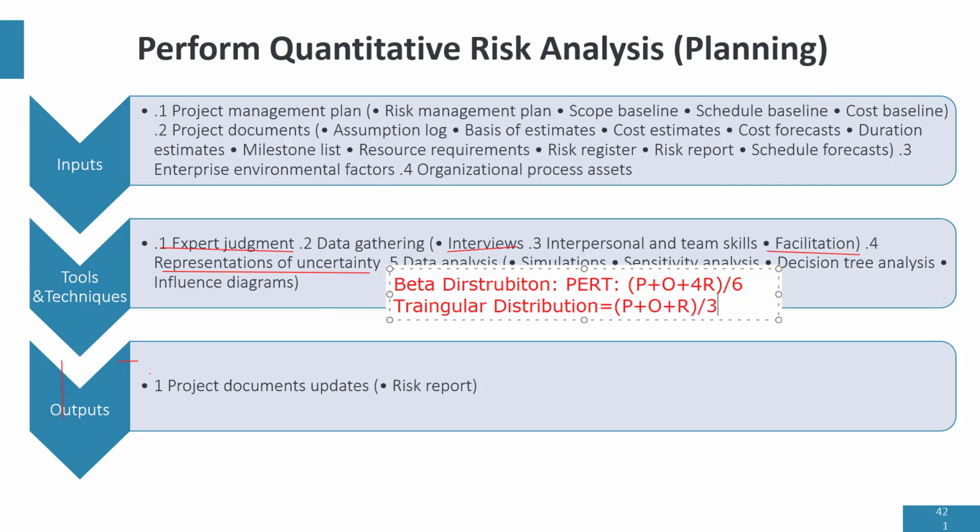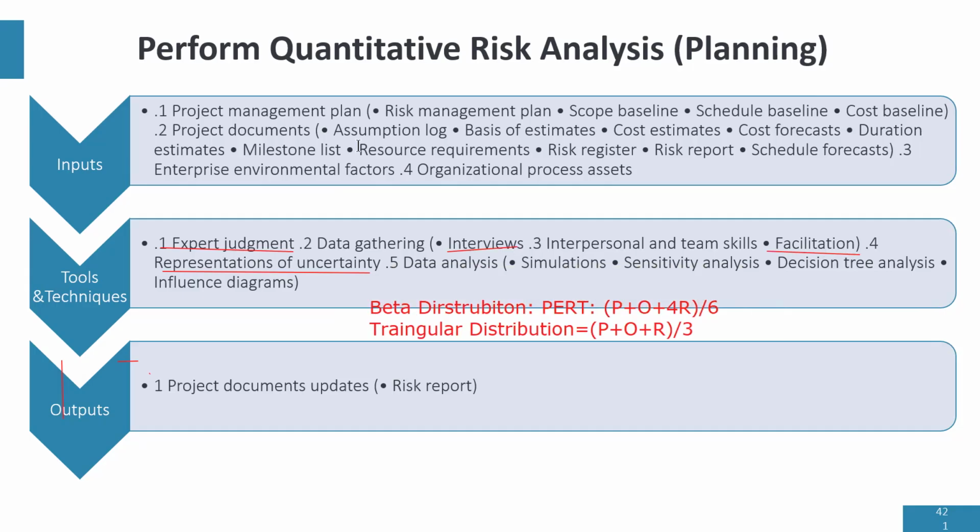Okay, so these are the two types of representations of uncertainty, which means anytime you're doing PERT, you're also doing quantitative risk analysis. Anytime you're doing triangular distribution on a project, you're also doing quantitative risk analysis. So that's what representation of uncertainty is referring to.